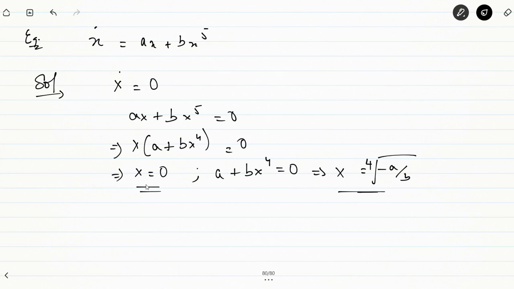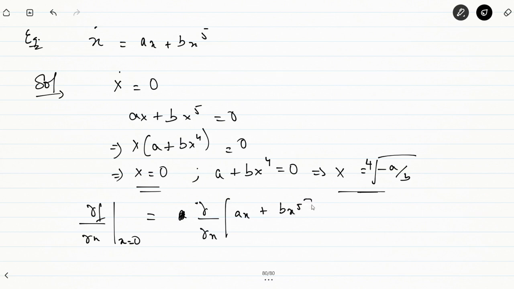So for x equal to 0, we have delta f by delta x at x equal to 0, given by differentiating delta by delta x of ax plus bx^5, which is equal to a plus 5bx^4.